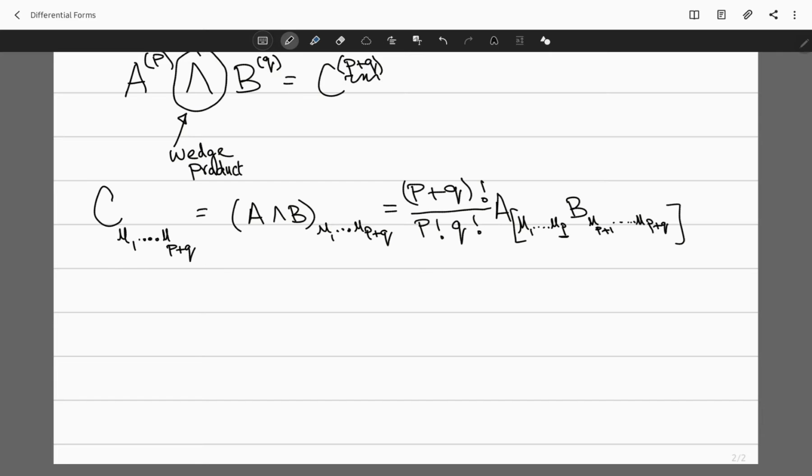And so this is how we define the wedge product, and we have to keep in mind that we have to preserve the anti-symmetric nature of the form, and that's why we have this definition.